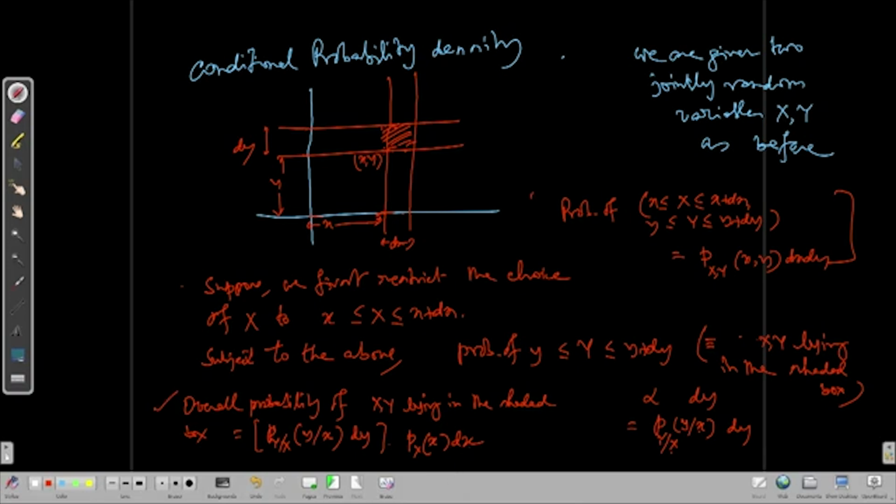Now, this and this they are same. This was written in direct way, this is obtained in another way.